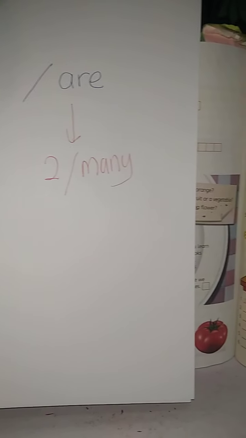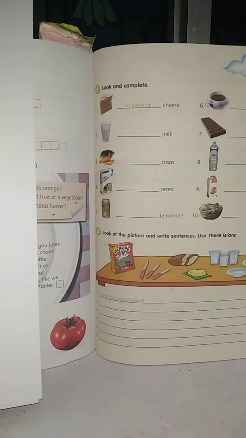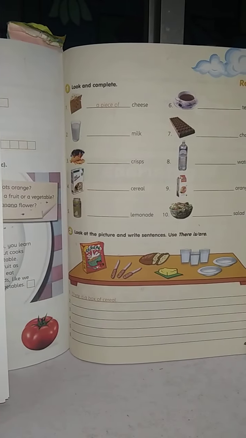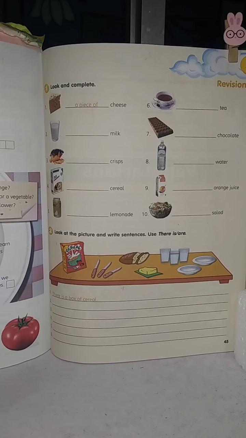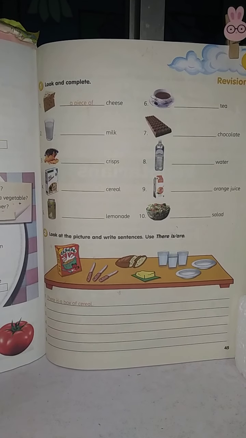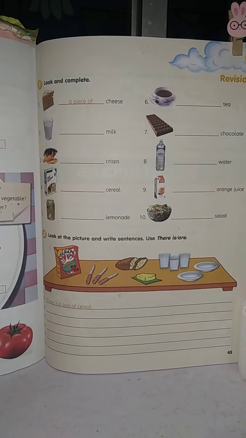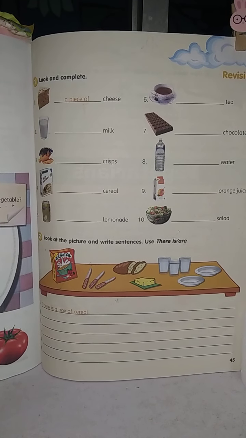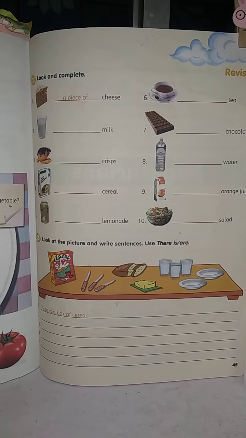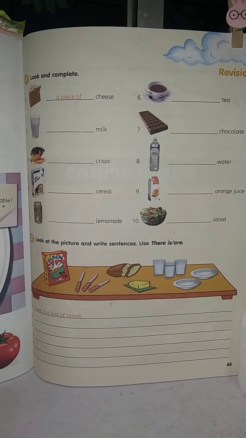You are asked to look at the pictures given and write sentences, right? The first sentence is already given for you, which is cereal. How many boxes of cereal are in the picture?